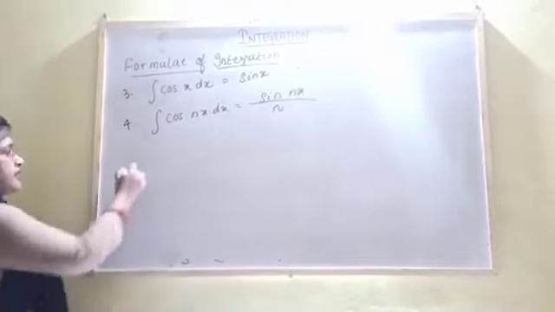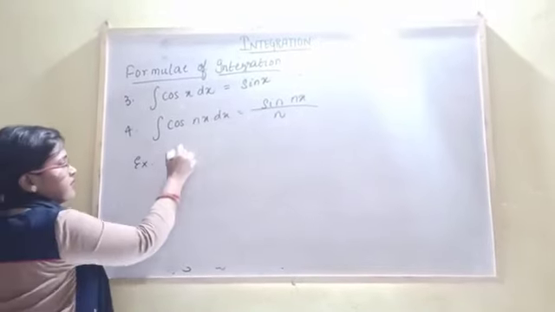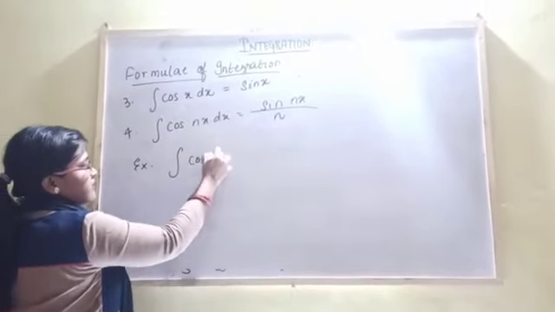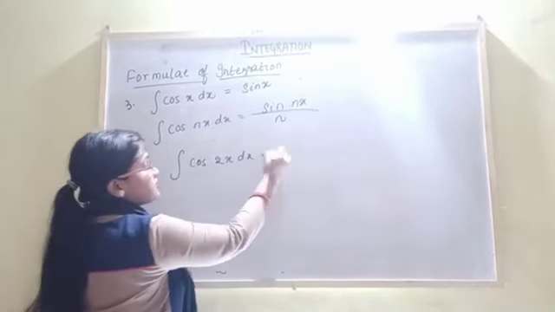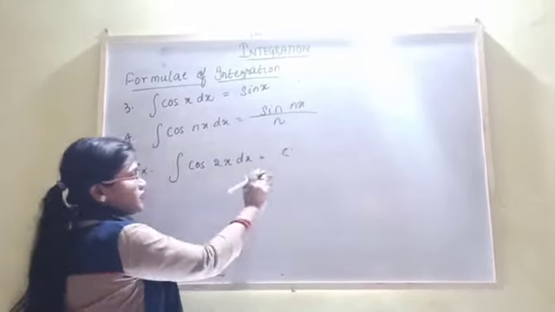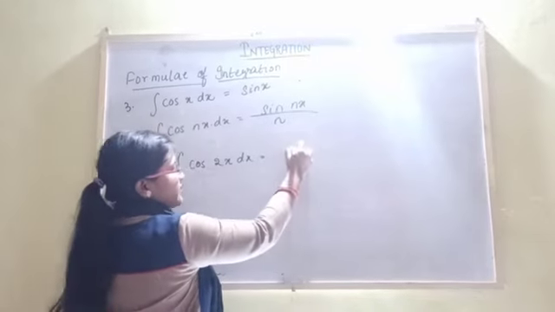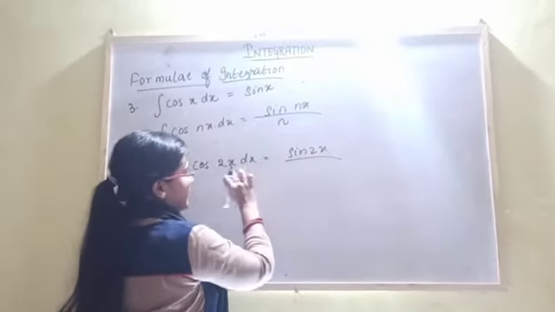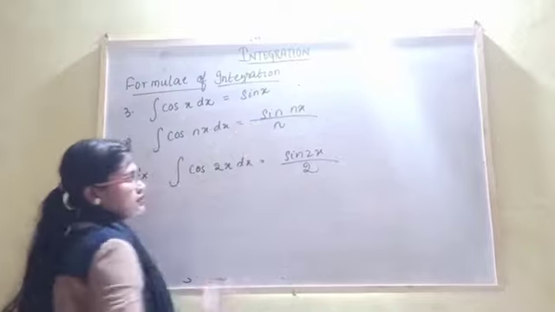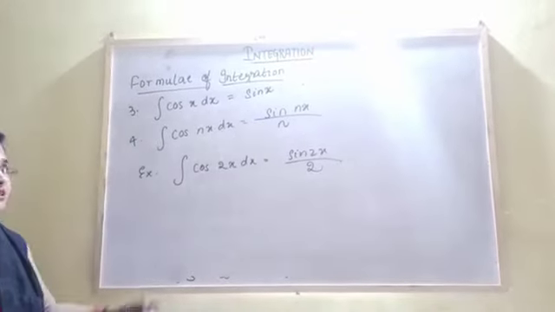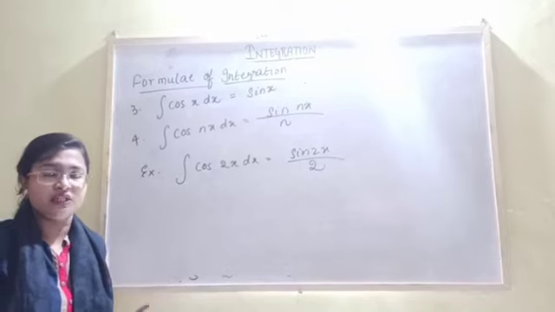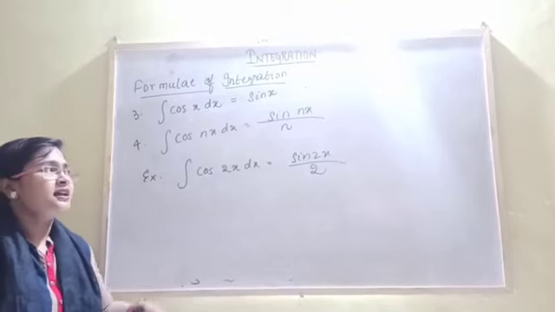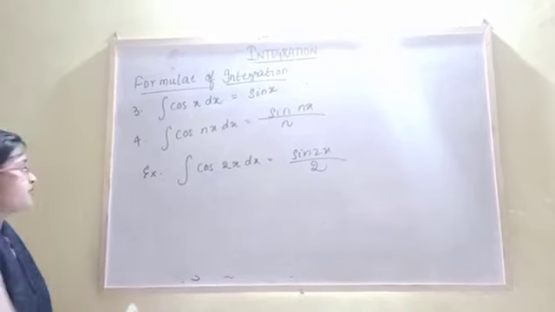Clear? For example, if you have been given to integrate cos 2x dx, that equals sin 2x divided by 2. Clear? These are some important trigonometric functions, integration of trigonometric functions, which will be thoroughly used in physics numericals.